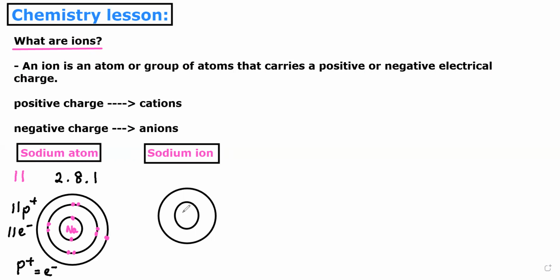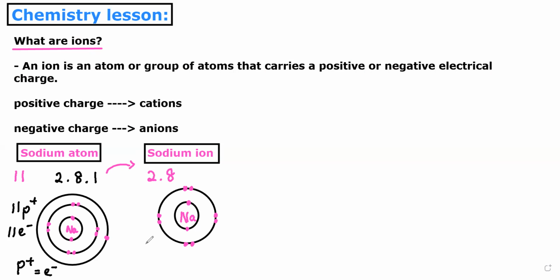So after it has lost 1 valence electron, it is left with 2 and 8. 1 is lost. So now the sodium ion electronic configuration is 2 and 8. Protons remain there, right?